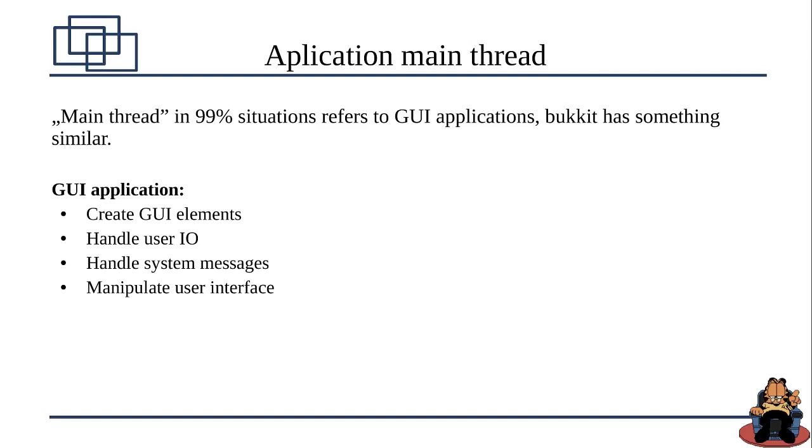In window applications, the main thread is responsible for creating the UI, handling all the user interface actions and system messages. System messages are some special messages sent by the OS to inform the application you should move, you should close, you can repaint, etc. And finally, the UI thread is responsible for reading and writing data to the interface.